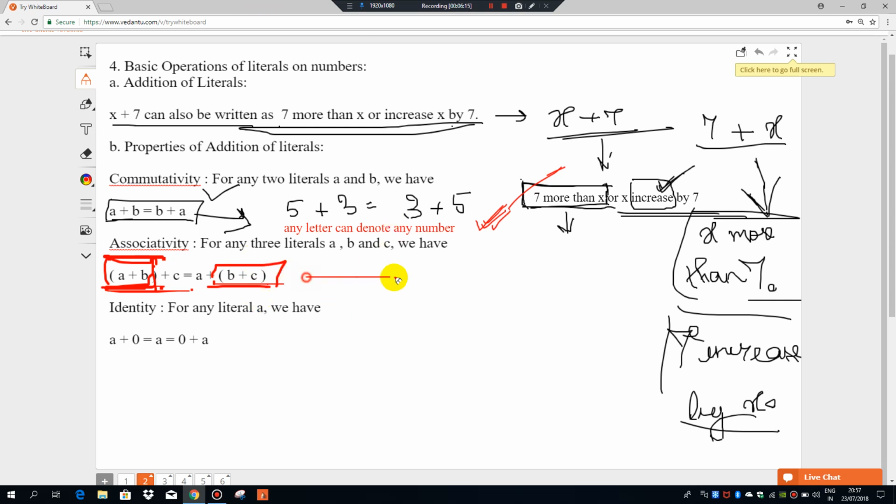Not only I am saying, everyone will say regrouping is important. There are three literals, and we have to regroup them and form the associative property in them.